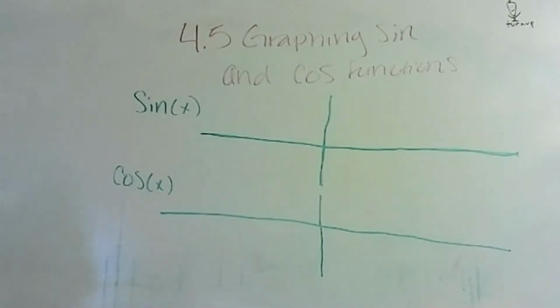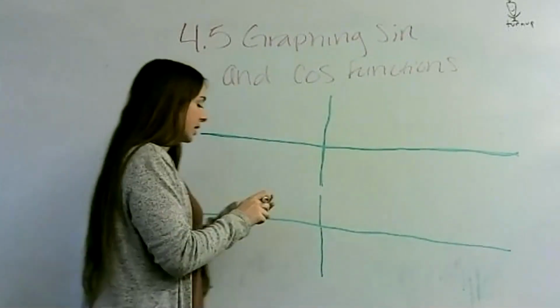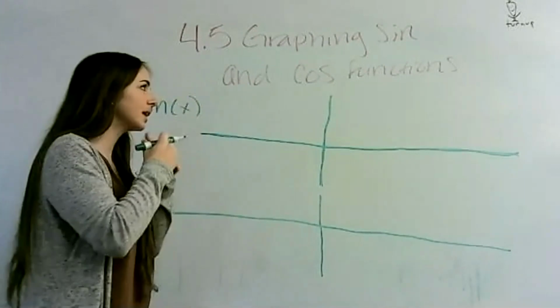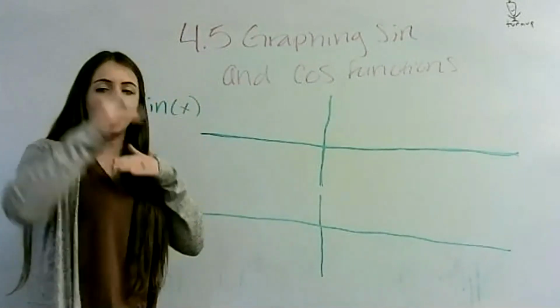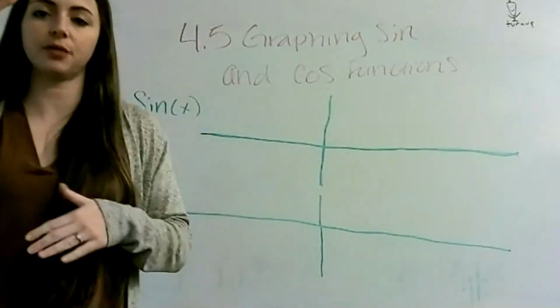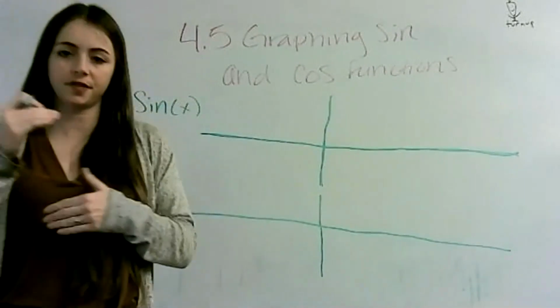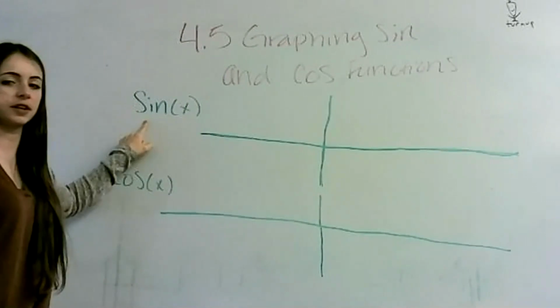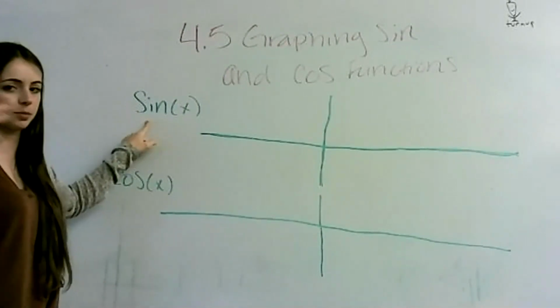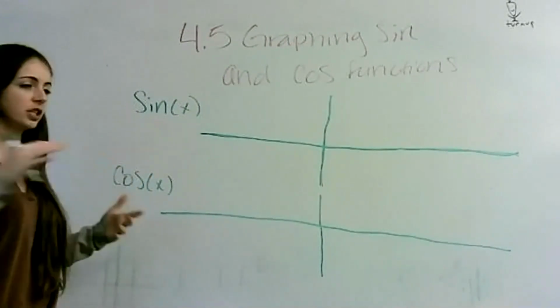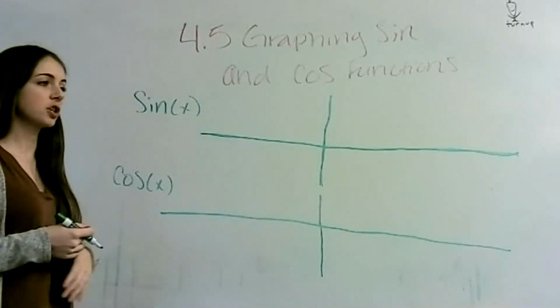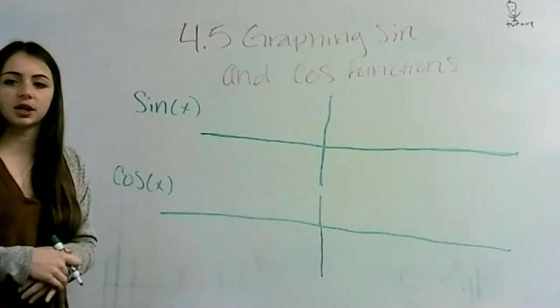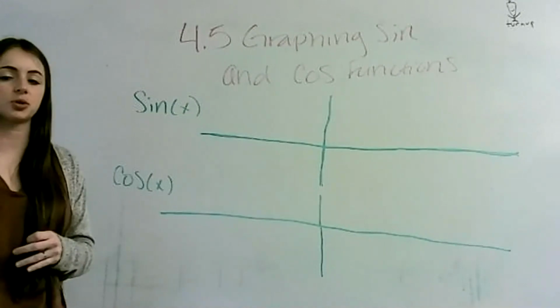Okay. So the first thing about both of these is they only go up to 1 and down to -1. Again, this is the parent function. So when we're graphing these, there's nothing multiplied by them, there's nothing divided by them, we're not adding anything, we're not subtracting anything, we're not touching these functions at all. This is just like if you were graphing just x, or x squared, or x cubed, or the square root of x.